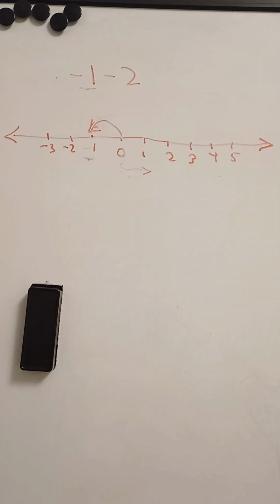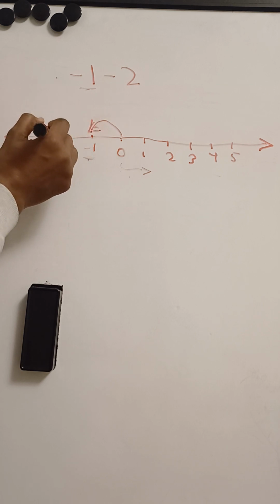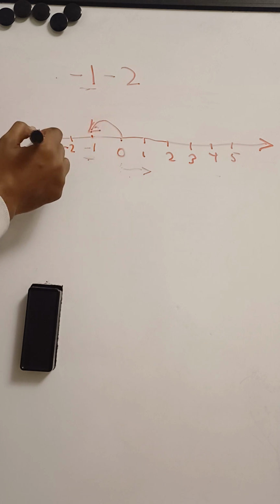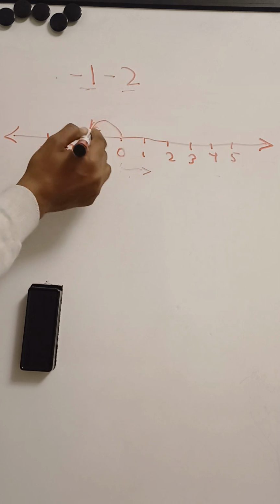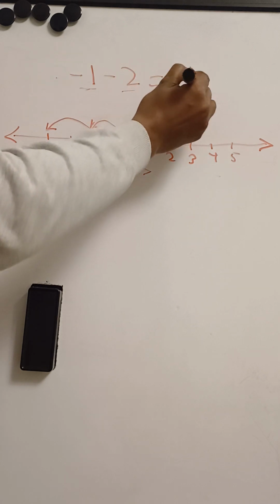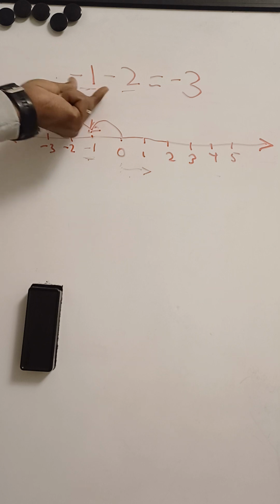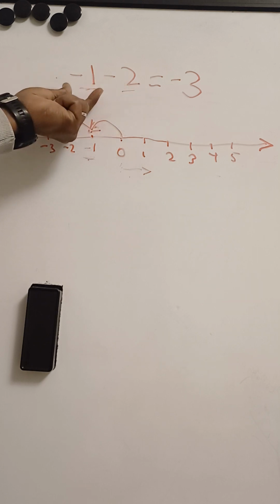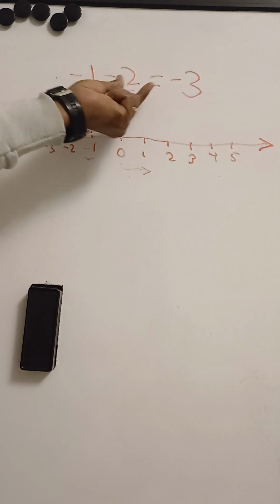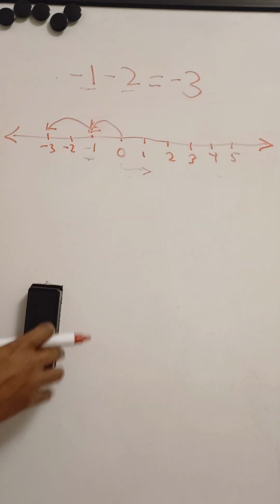Moving to the left means going further negative, further left. So moving how many steps? 2 steps. That will take us to -3. This is -3. So a negative number plus a negative number, or a negative number minus a number, will give us a negative number as well. Right.